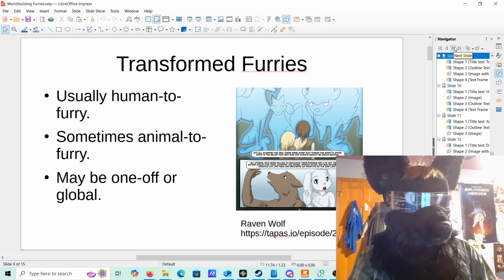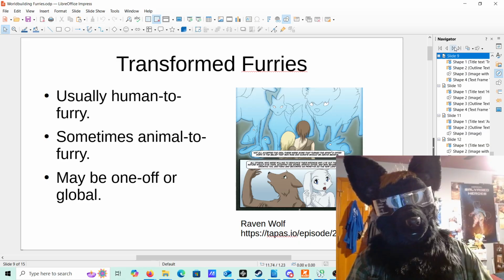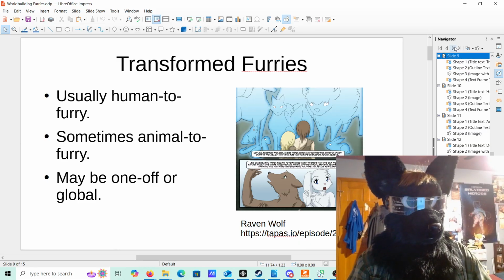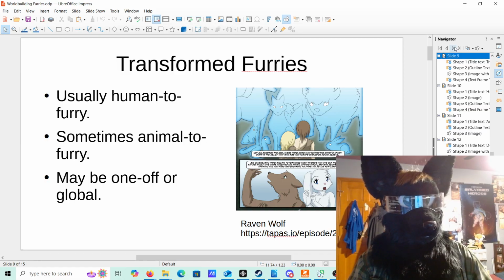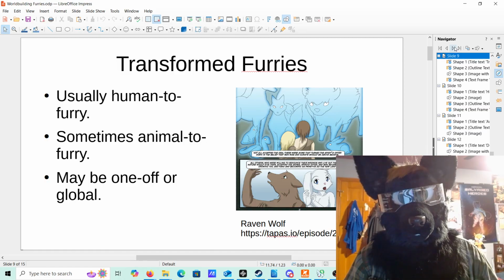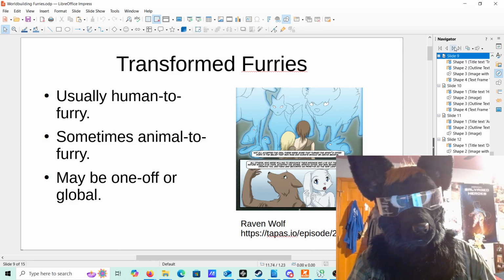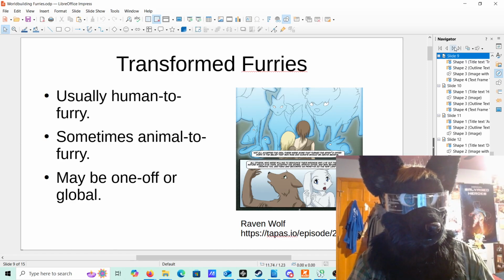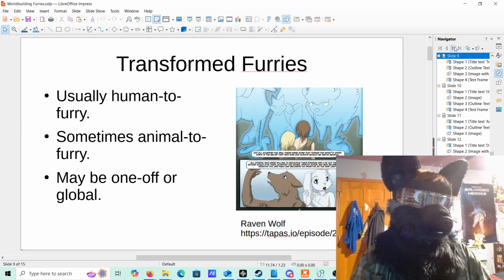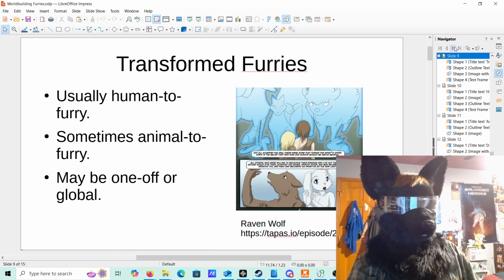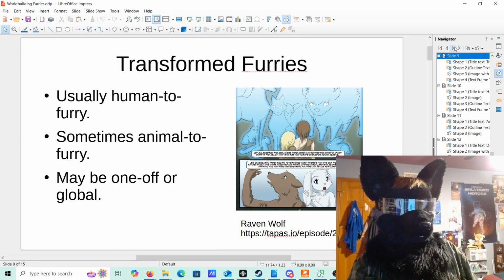Now, a variant of the created furry is the transformed furry. Usually a human to furry transformation, sometimes animal to furry, and this may be one-off or a global event.